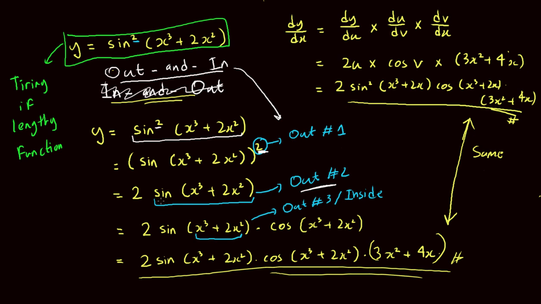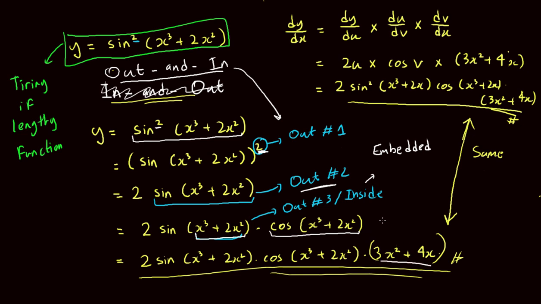We differentiate with respect to the sine function and get our cosine. The last function, x cubed plus 2x squared, is embedded inside, so it's differentiated last, and then we get the answer itself.